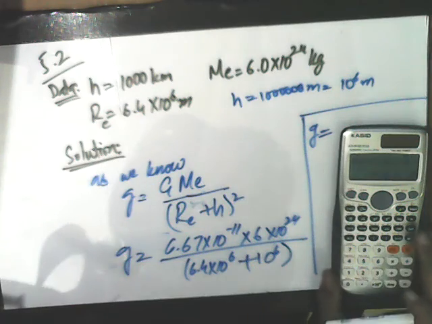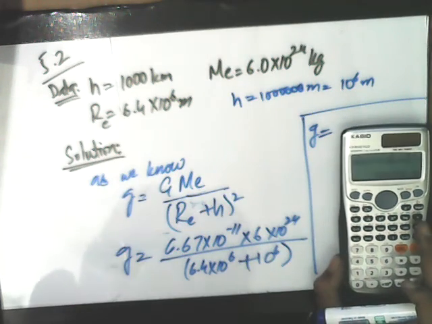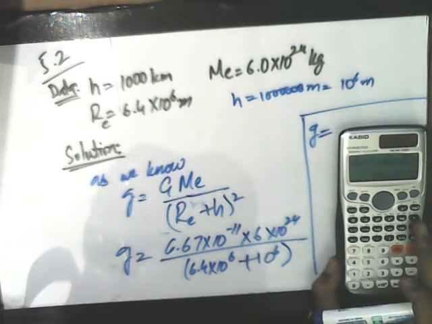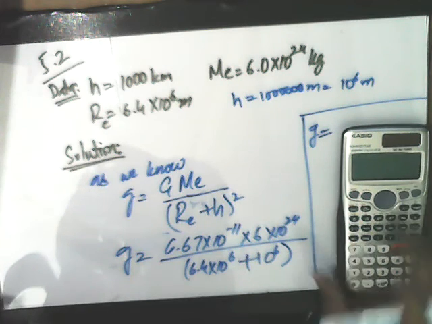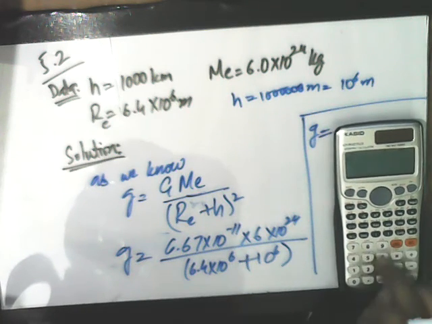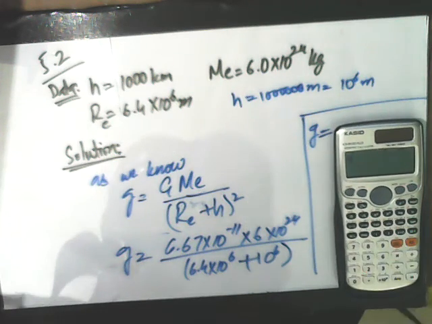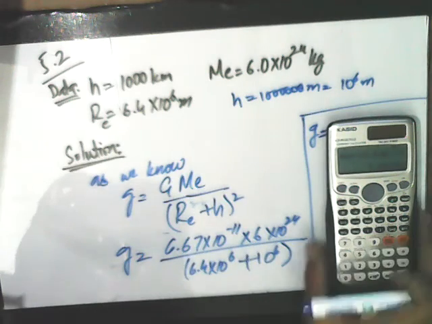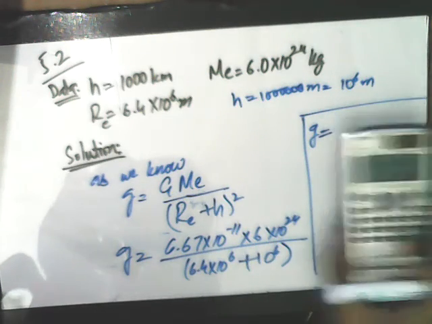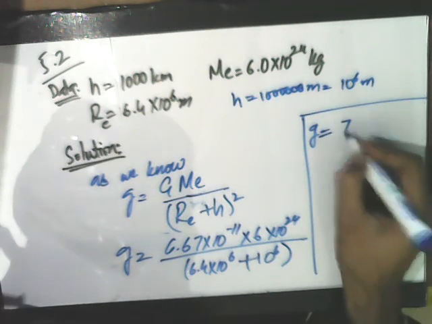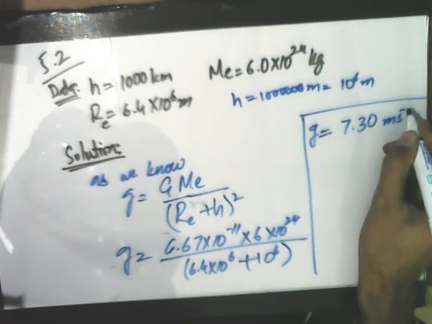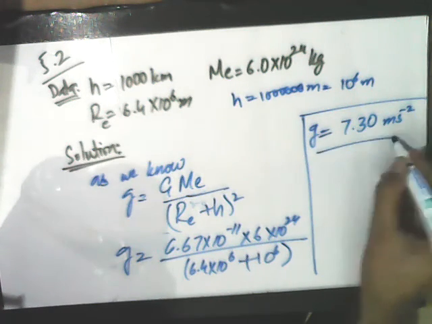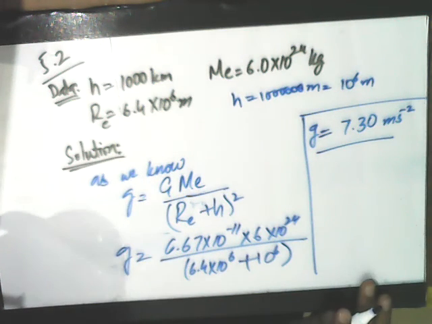Let's solve this. It turns out to be, so our answer is 7.30 meters per second squared. So this is what we're going to get as an answer.